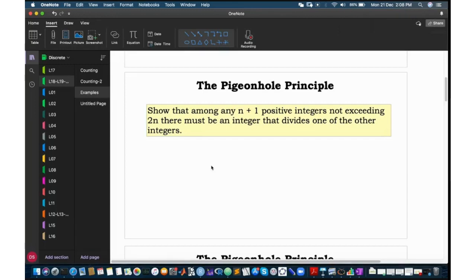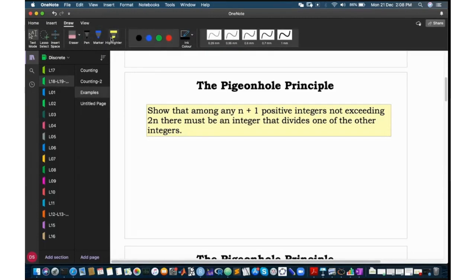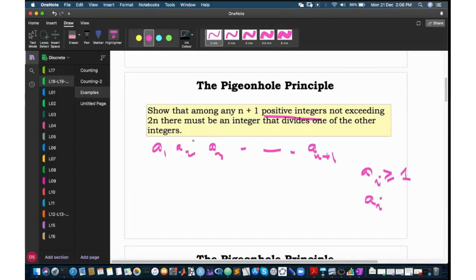Let's call them a1, a2, a3, up to a_{n+1}. This is the set of positive integers that I have. The information I'm given is that these are positive integers, which means that ai is at least 1, and the second piece of information is that ai is at most 2n.